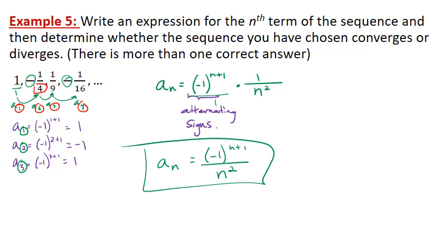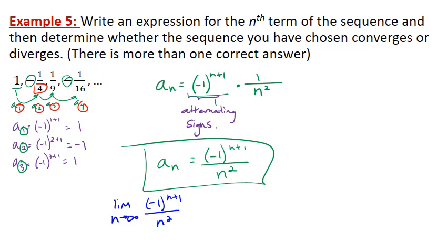Okay, so from here, we're asked to determine whether this converges or diverges. So we find the limit as n approaches infinity of this, -1 to the n plus 1 over n squared. Well, let's analyze this. We already know that this is going to be positive or -1, right?